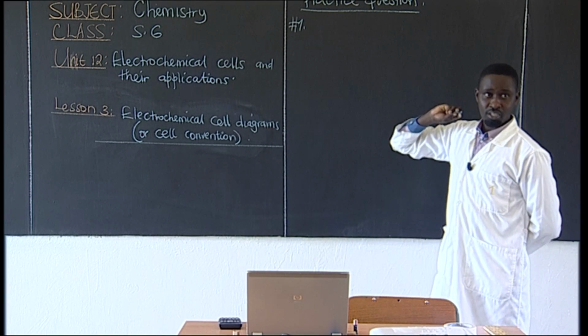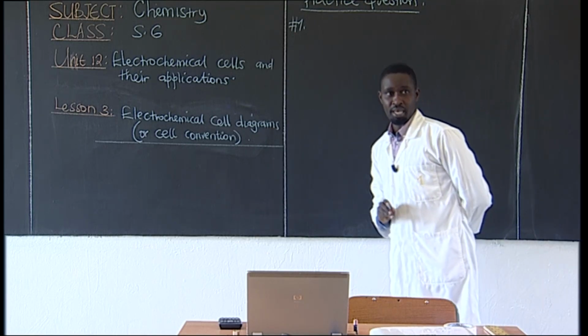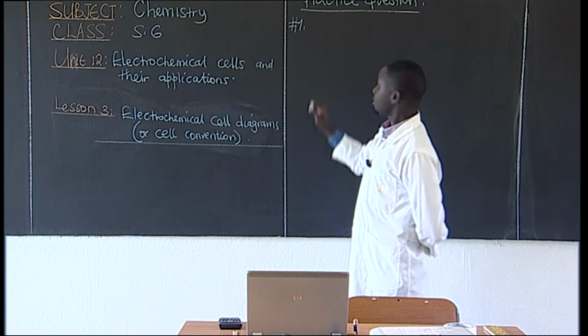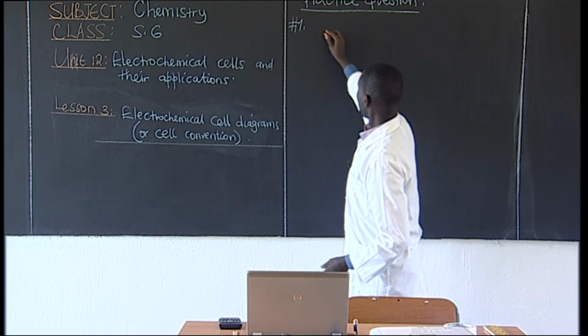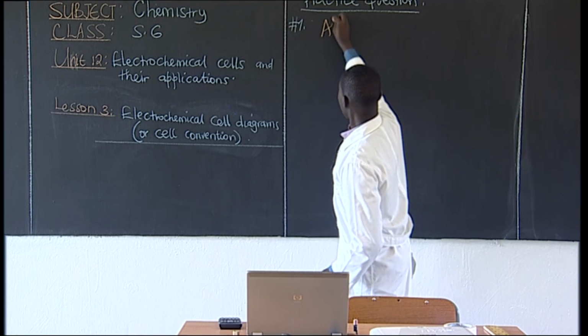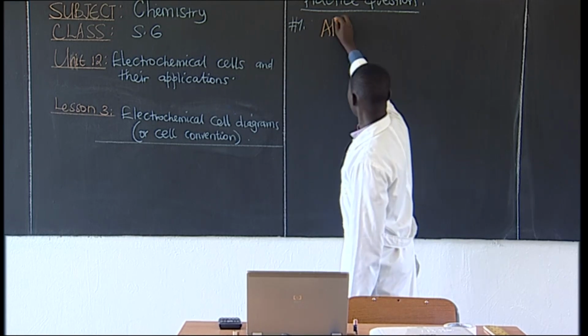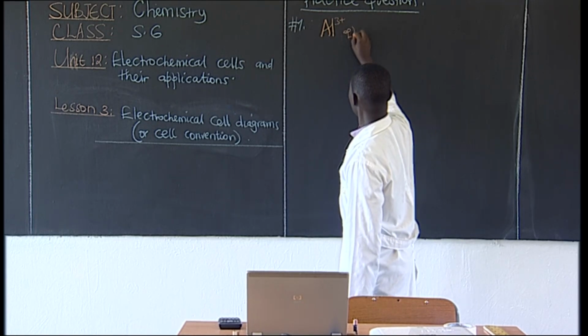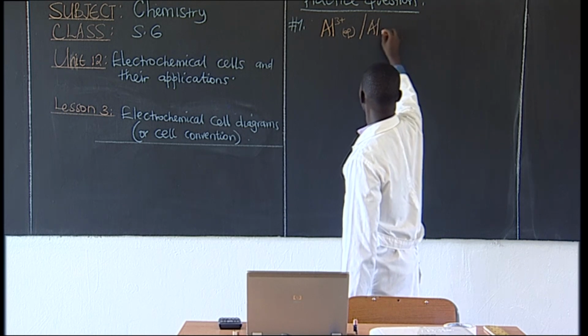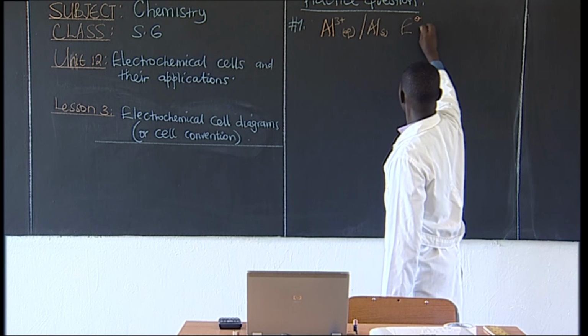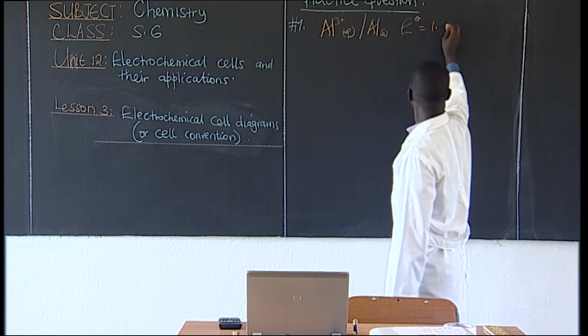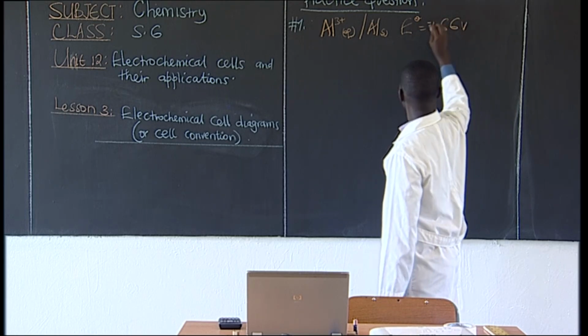What are we given? We are given aluminum and zinc. These are the reduction potentials, given to us as aluminum ion to aluminum, minus 1.66 volts.